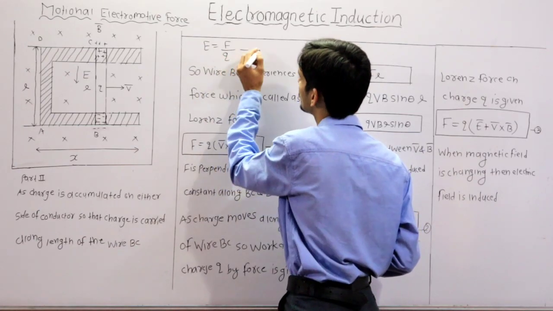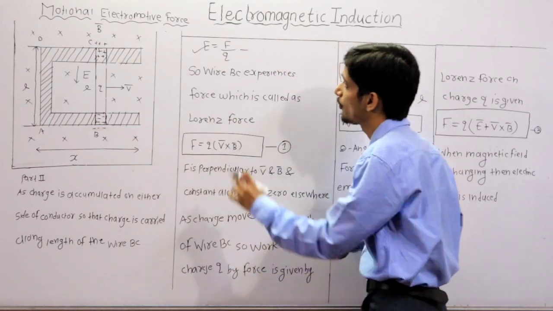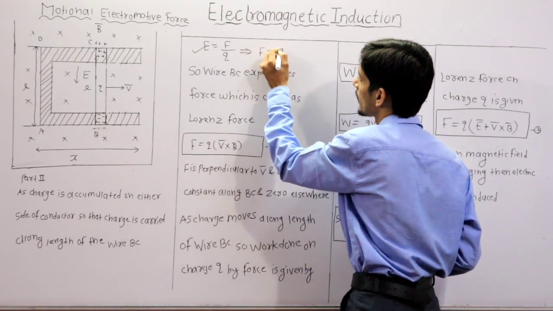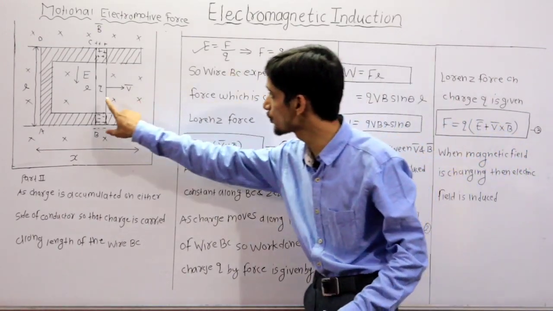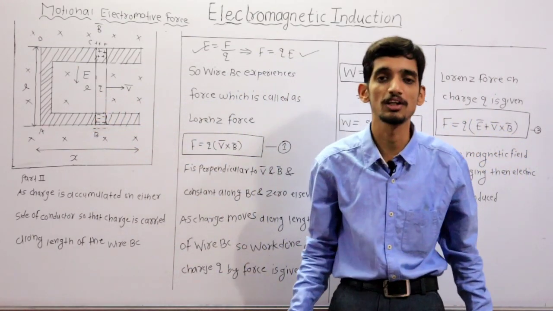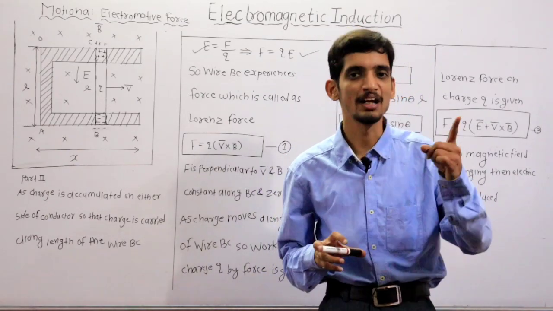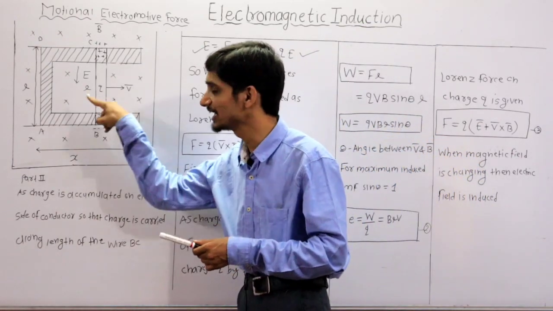This electric field is experienced by this conductor, and the force experienced is F is equal to Q times E. This is the expression for force. This force is experienced by this conductor because the charge is placed in an electric field. Clear? Okay.